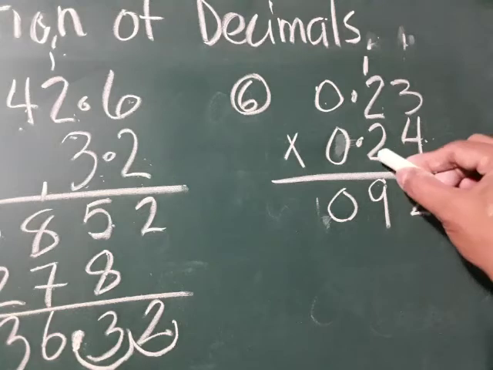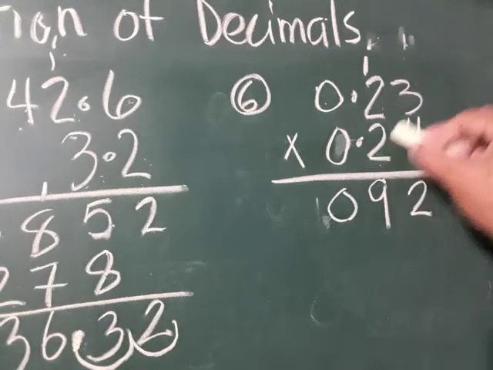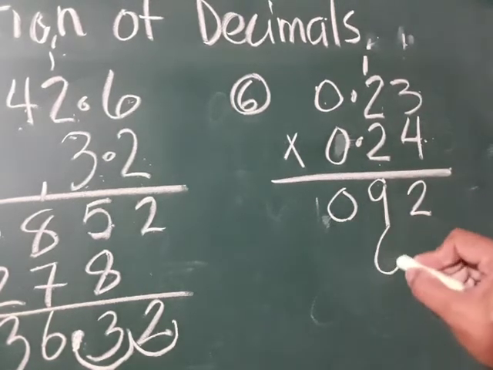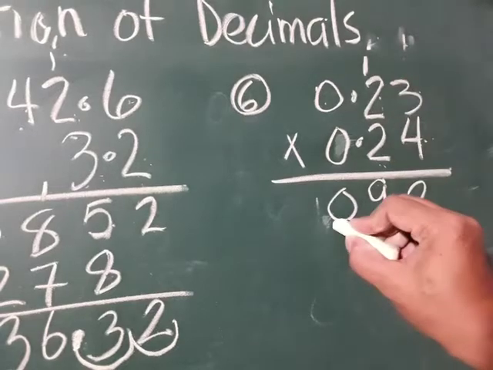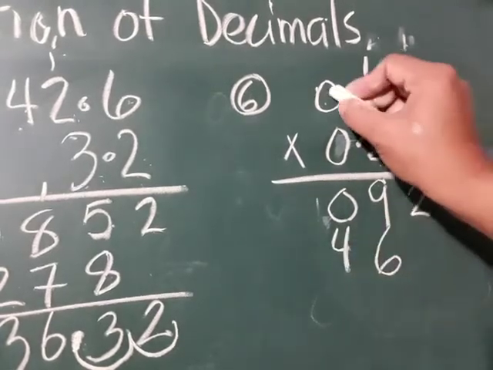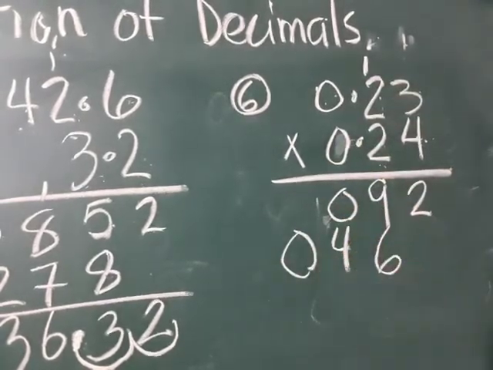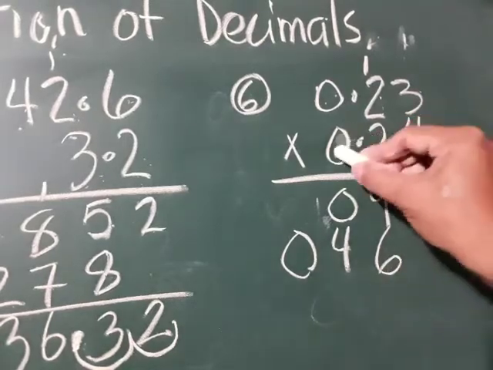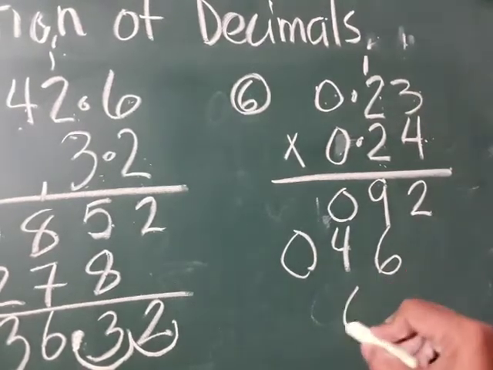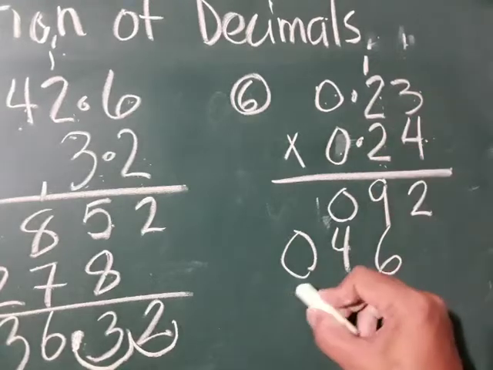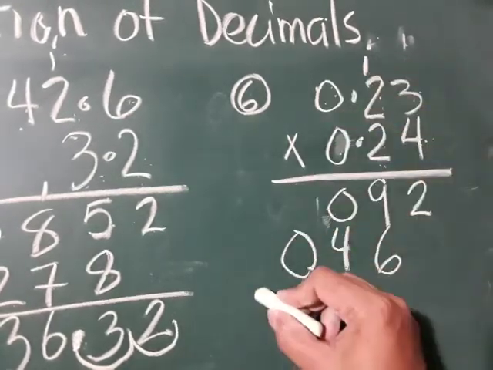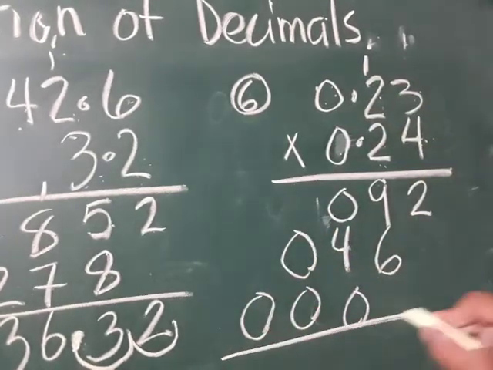Next, this number. 2 times 3, 6. 2 times 2, 4. 2 times 0, 0. Next, 0 times 3, 0. 0 times 2, 0. And 0 times 0 is equal to 0.